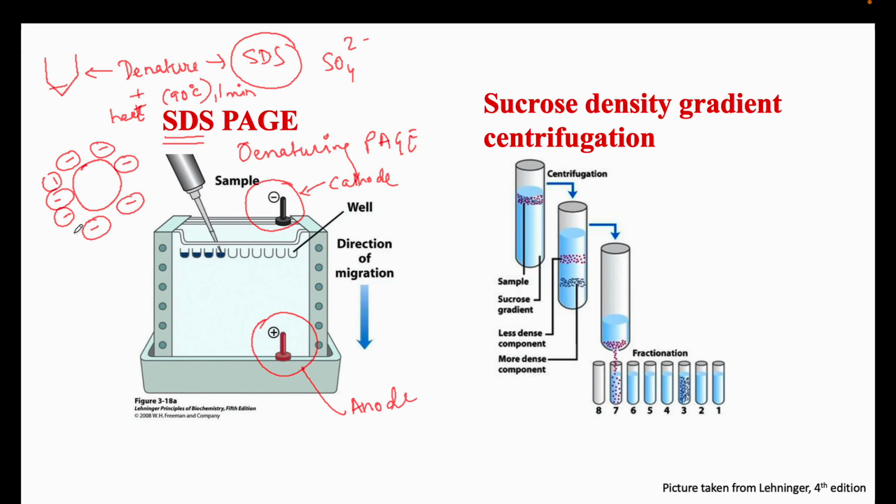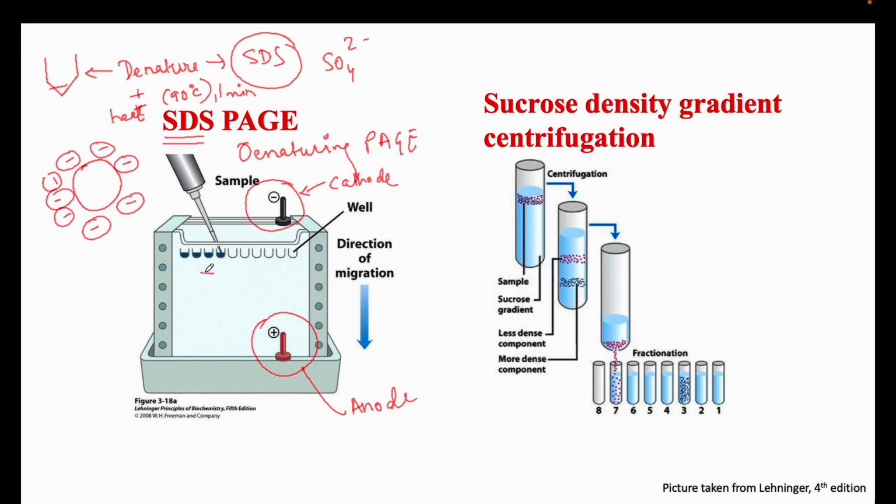So since we have coated our protein negatively charged, it will move towards the anode when we supply voltage. And since there is even charge, the proteins will get segregated based on their molecular weight, right?